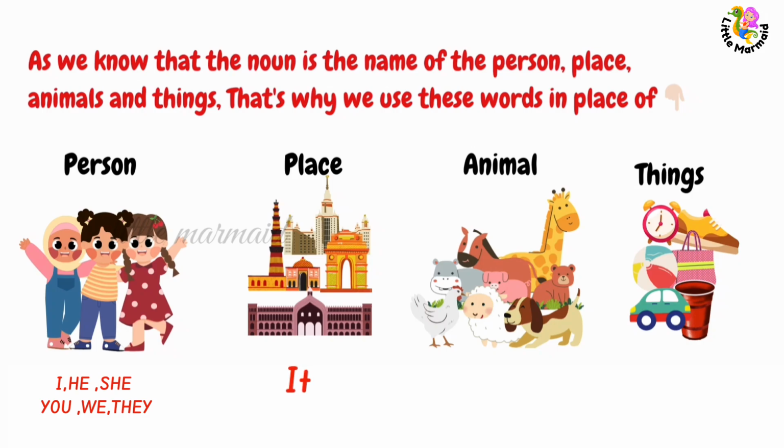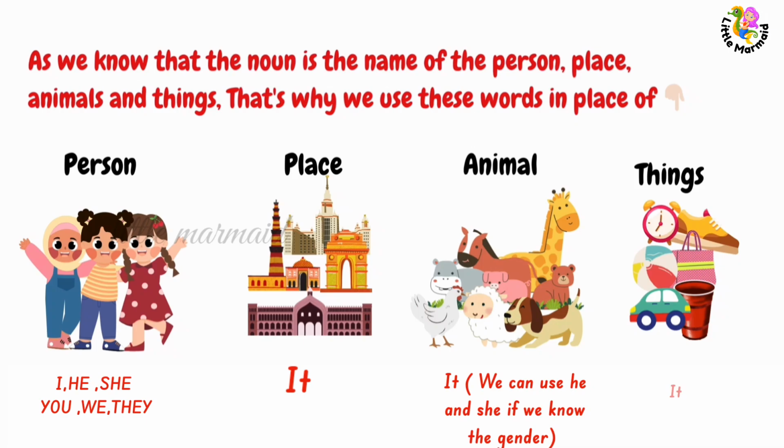Places cannot be categorized by gender, so the word it is used to replace all places. For an animal, we can use it. If you know the gender of the animal, you can use she or he, or you can replace the noun of the animal using the words it and they.